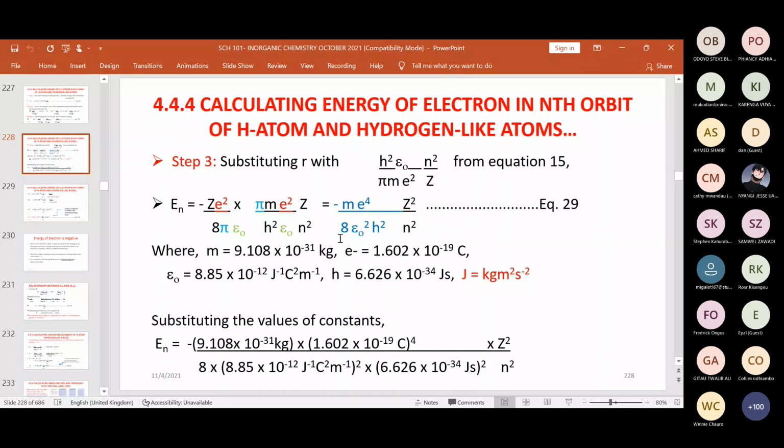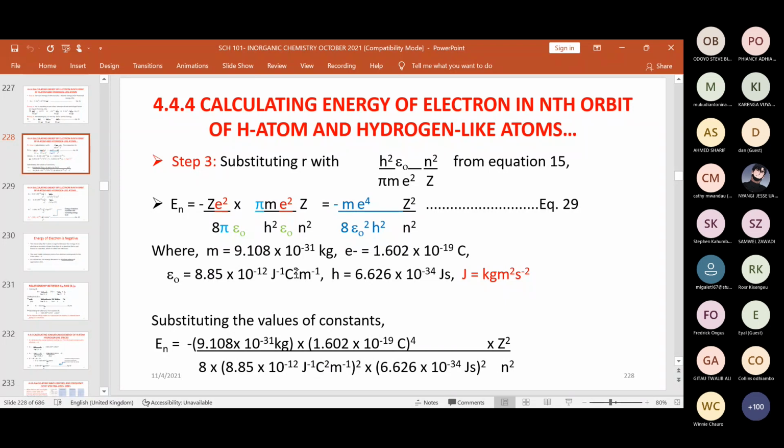So we substitute the values of the constants to give us a particular figure. Then we leave the variables, which will be changing as the electron moves from one energy level to another, and also as we move from one element to another element, the value of Z will change.